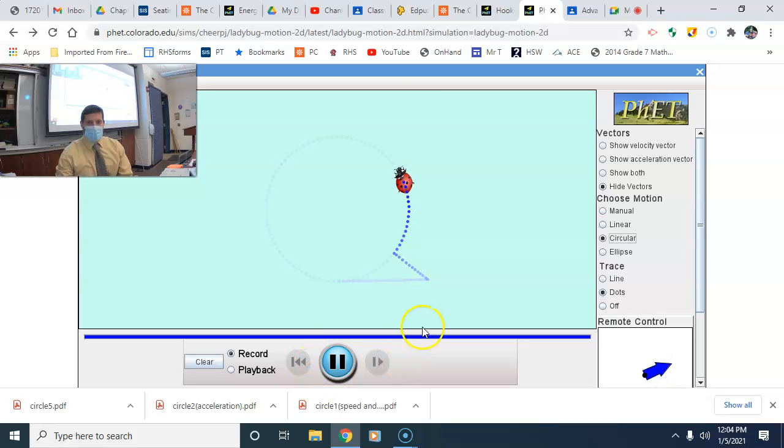If I did it at some other spot in the circular path, if I hit the release button right now, it does the same thing at that point. It releases tangent as soon as I let go of whatever force was making it go. And so that's one of a handful of the most important things that we study with this. Now back to it just traveling in a circle.